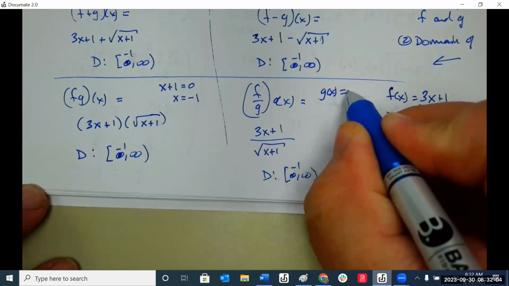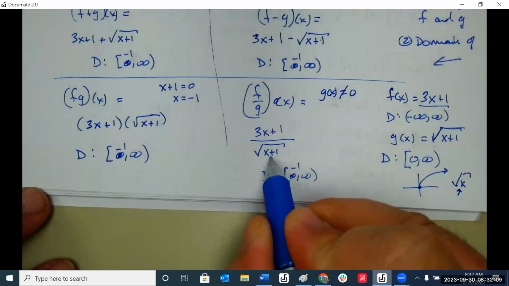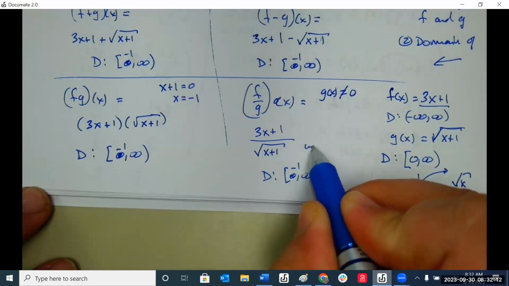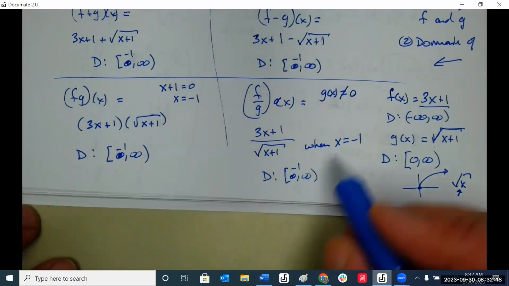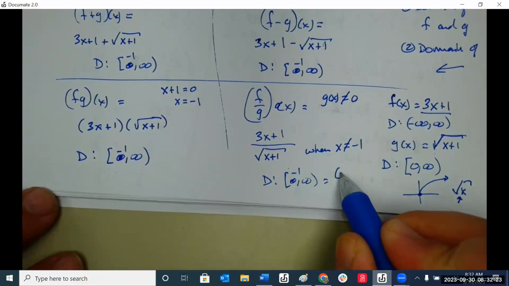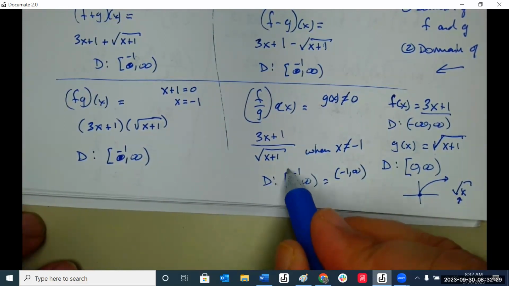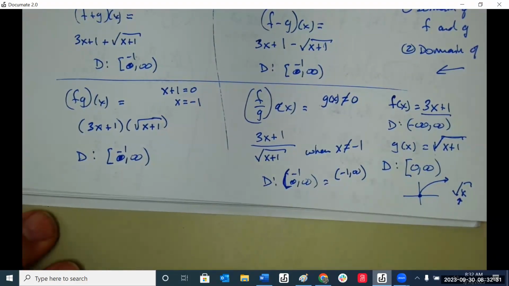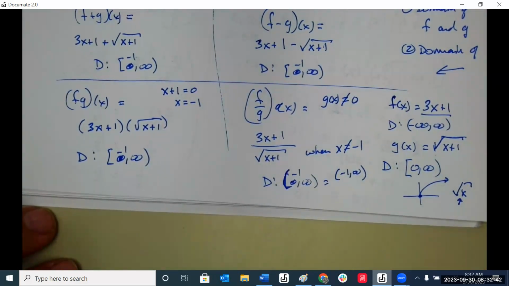Here, the bottom cannot equal 0. So when does the bottom equal 0? When x equals -1. So we cannot use -1. So this one is like that. It's not a bracket anymore. It's now a parenthesis, since we cannot use -1. But the rest of these are okay; it's just when it's on the bottom that it changes.